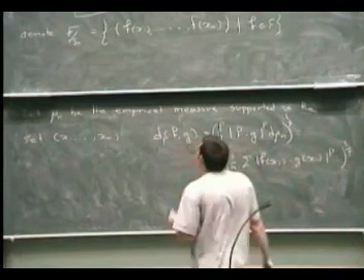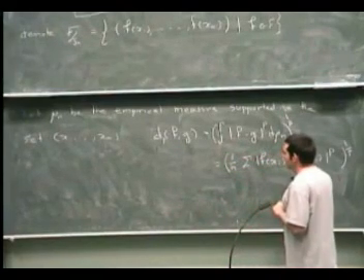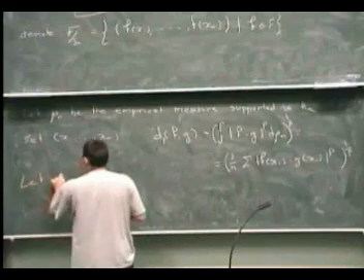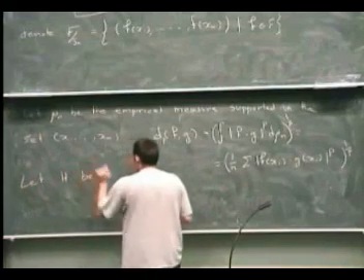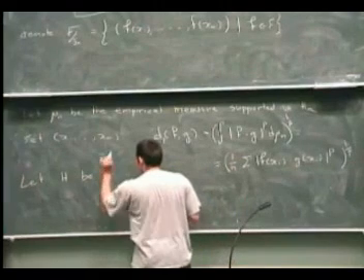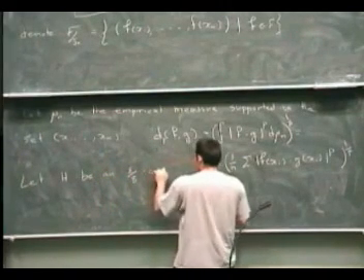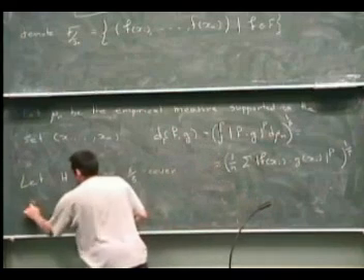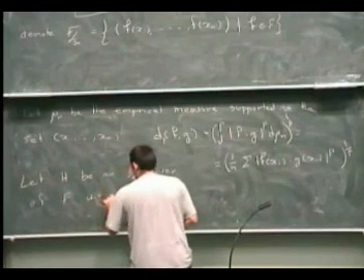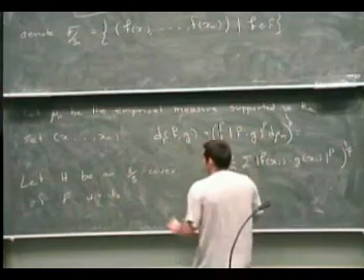Okay? Now, suppose that you have, so let H be an epsilon over 8 cover of F with respect to this distance.